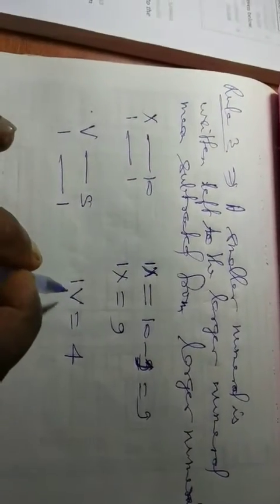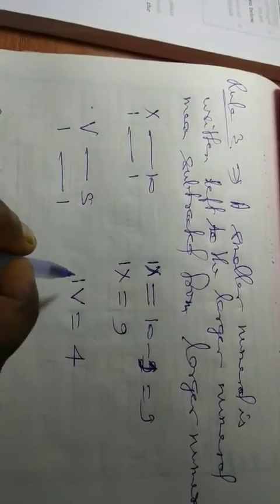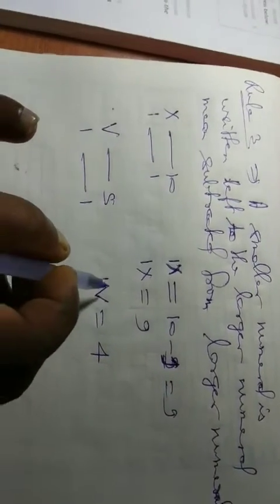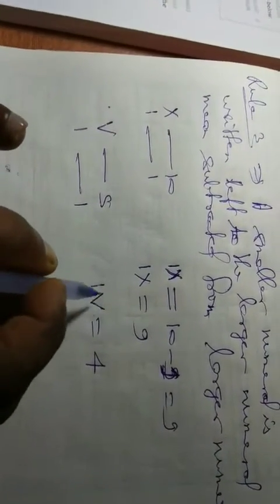So if a smaller numeral is written on the left side of the larger, it is subtracted from the larger. C means 100, X means 10. If anyone writes XC, it means 100 minus 10, 90.